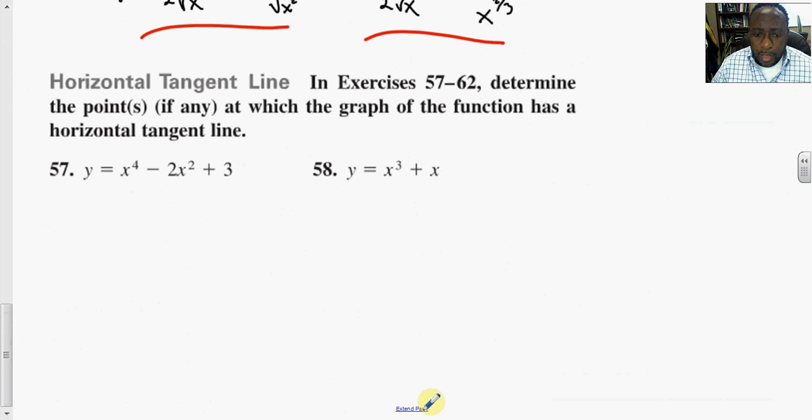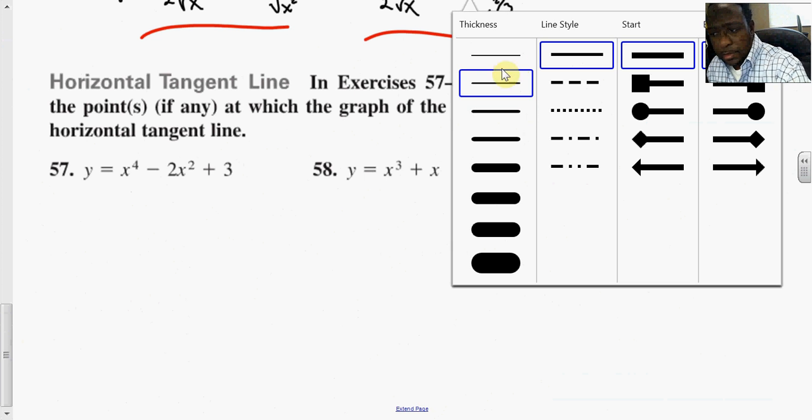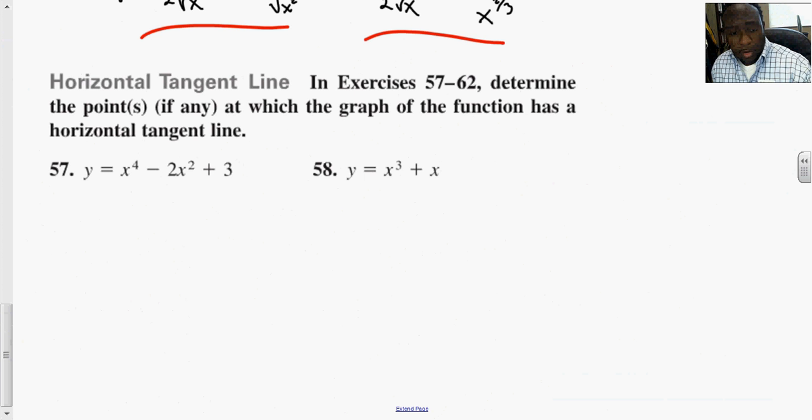Determine the points, if any, at which the graph of the function has a horizontal tangent line. So I'll just take number 57. All they want us to do is to find the derivative, set it equal to 0, and at those points the graph is said to have a horizontal tangent line.